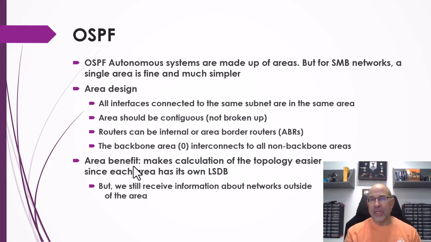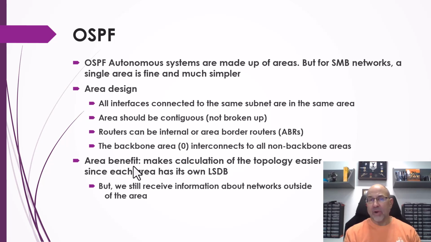Areas should be contiguous. They should not be broken up, right? We don't have area 1 separated by area 0 and then area 1 again. That's not how it works. Now, area routers can be deep inside the area and connected to a whole bunch of networks that are inside the area, or they can connect to another area as well.